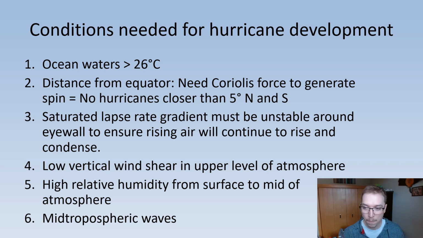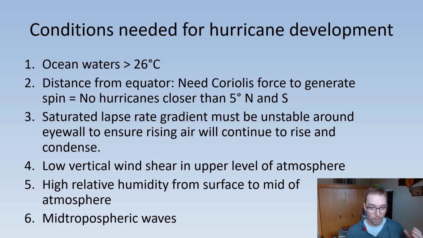Number three, the third ingredient is that of a saturated lapse rate gradient near the center of rotation of the storm. Saturated lapse rate ensures latent heat, so latent heat exchange during phase changes of water, will be released at a maximum rate. Hurricanes are warm core storms.